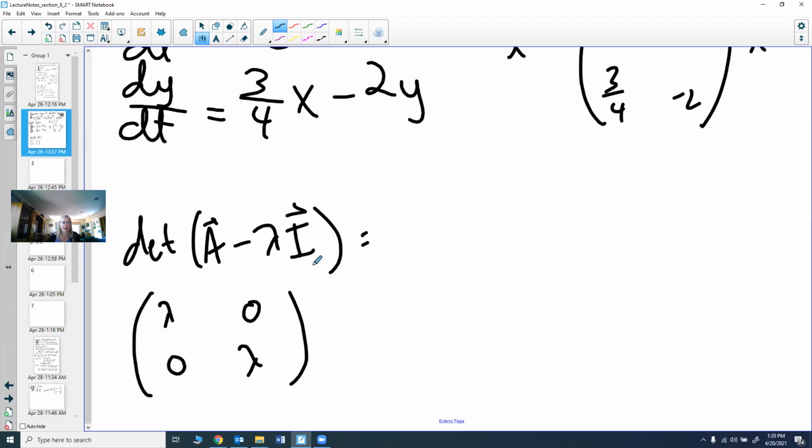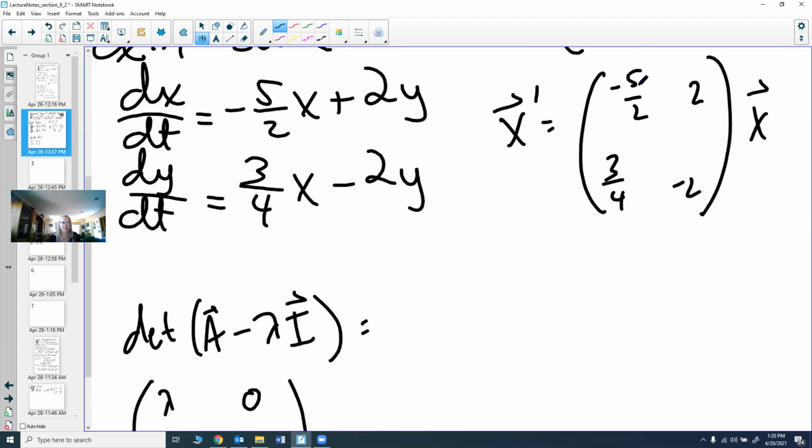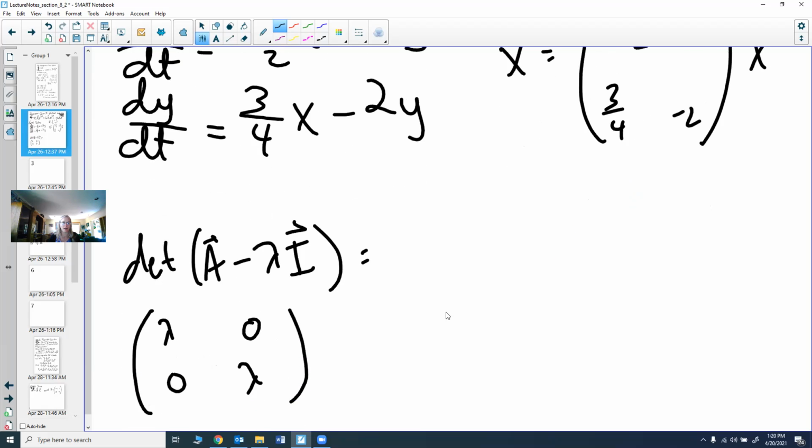So when you do A minus lambda I, you are subtracting lambda off the diagonal, because 2 minus 0 is just 2, 3/4 minus 0 is 3/4. These don't change, but the main diagonal is going to have a lambda subtracted off of it.